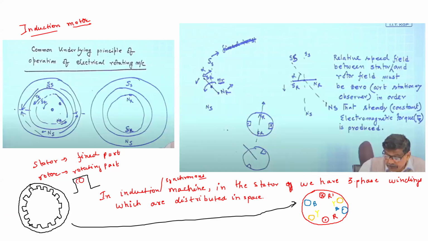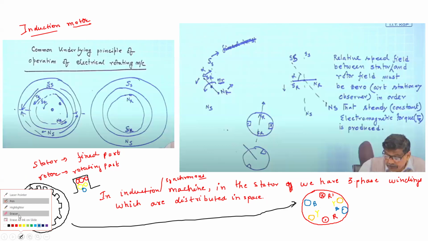Let us say you have three R phase conductors. Then let us say two Y phase conductors and one B phase conductor. This is distributed so that they are sinusoidally distributed in space.